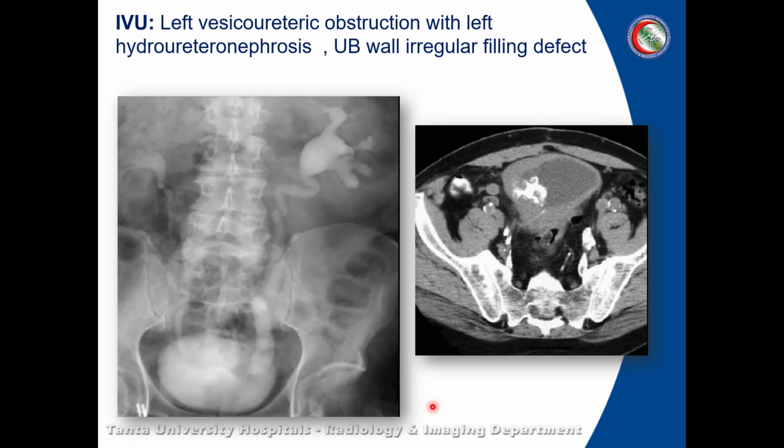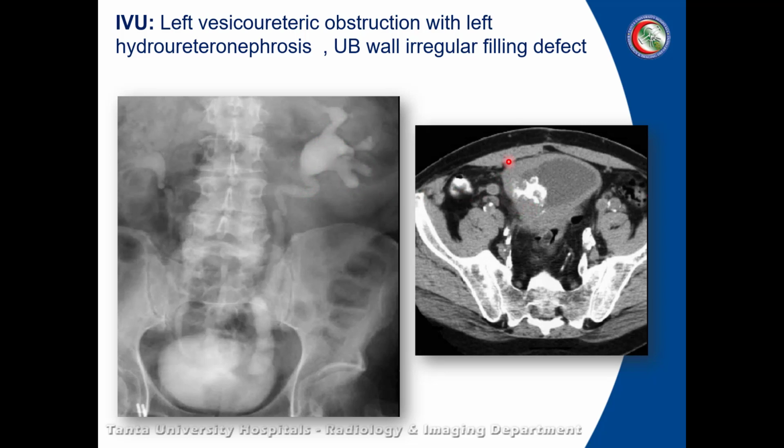Another example for renal masses or ureteric lesions. This case is IVU, showing a filling defect in the region of the vesico-ureteric orifice in the urinary bladder, causing obstruction of the vesico-ureteric orifice with dilatation of the whole proximal course of the ureter and pelvicalyceal system.